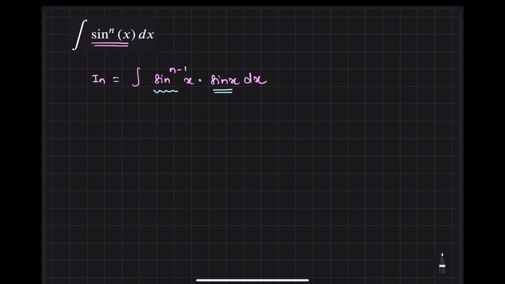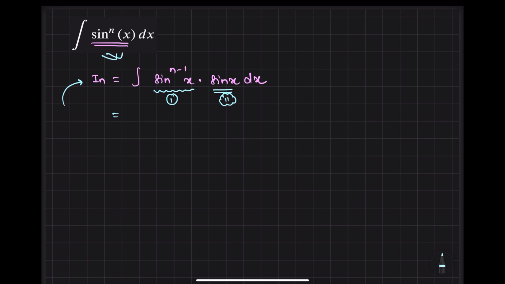But for sine power n minus 1, only differentiation is easy; its integration we don't know. If we knew the integration, why would we be struggling with this formula? So if differentiation is easy, we consider it the first function; if integration is easy, we go with the second function.